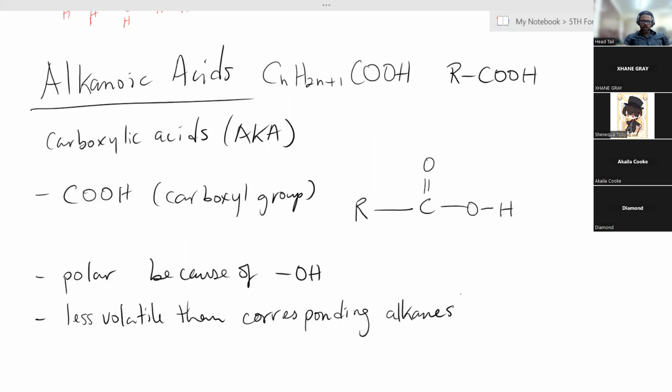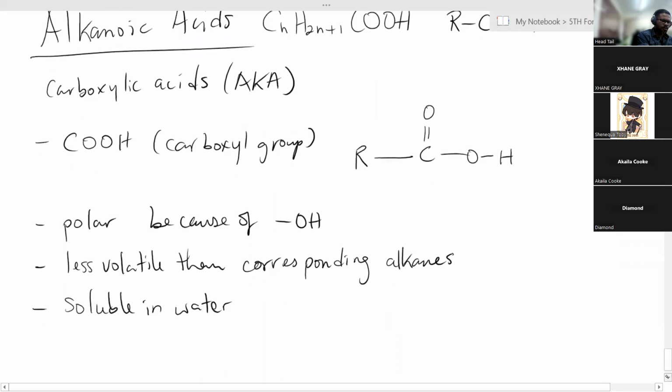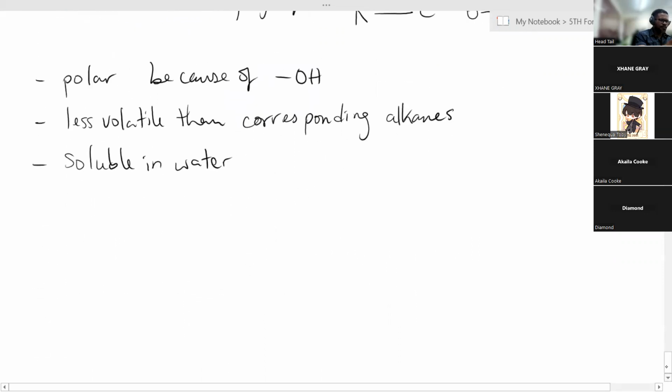In addition to that, they are soluble in water. All of this is the physical properties of the alkanoic acids, because they're not reacting with anything, it's just how they behave.